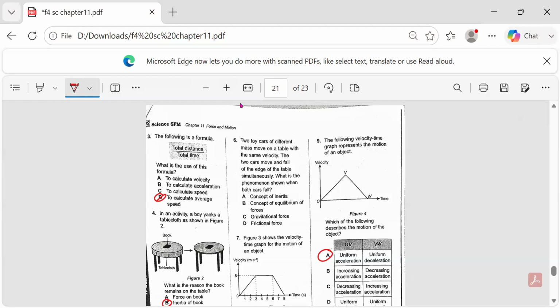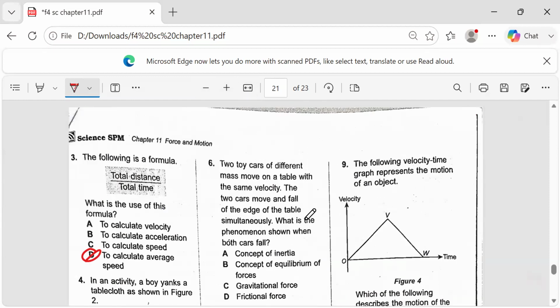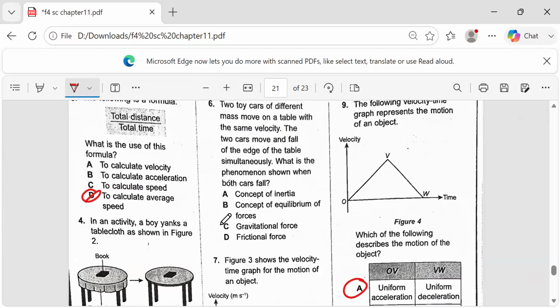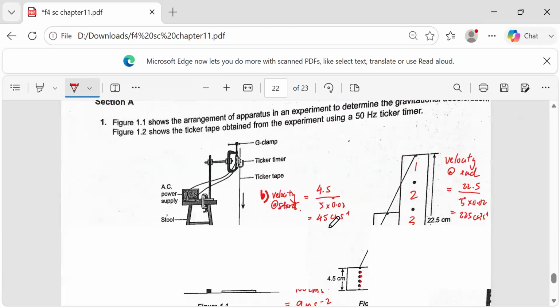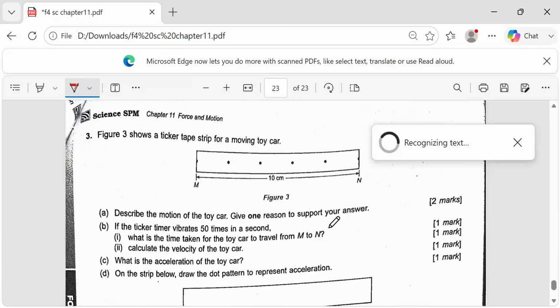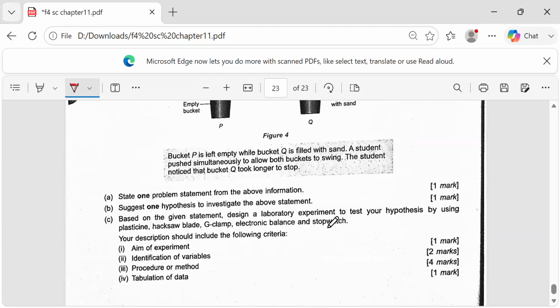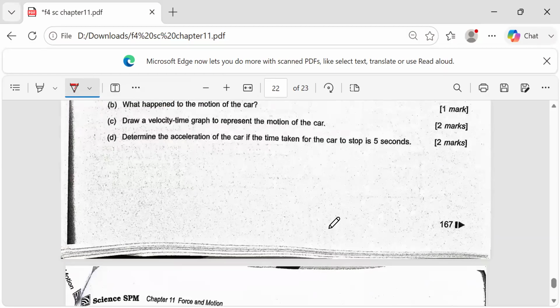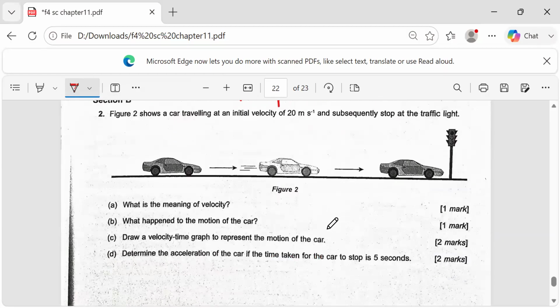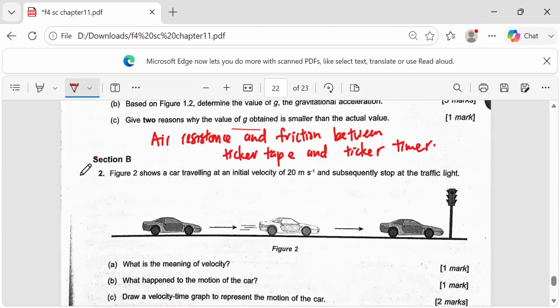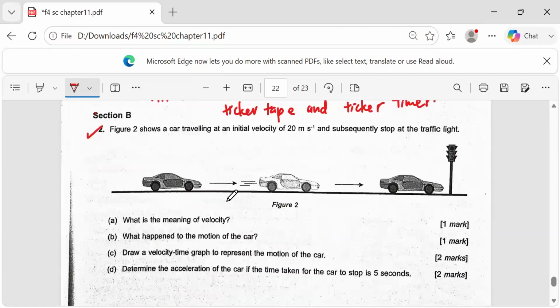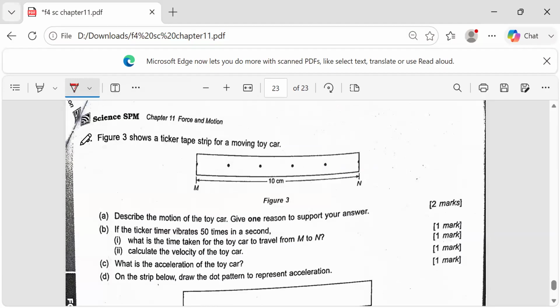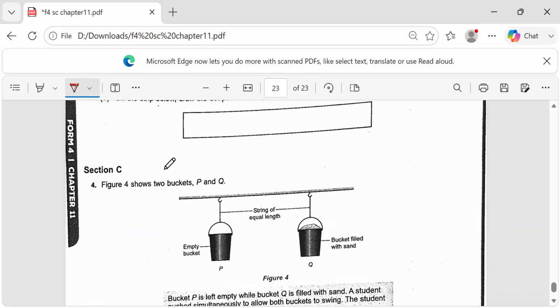Okay, what's your answer? Why do they fall off the edge of the table? Because of gravitational force. Okay, can? Alright. Can you go back and do questions 2 and 3?